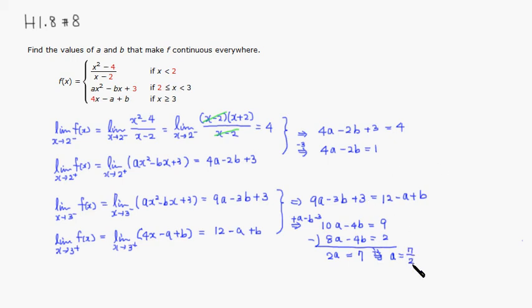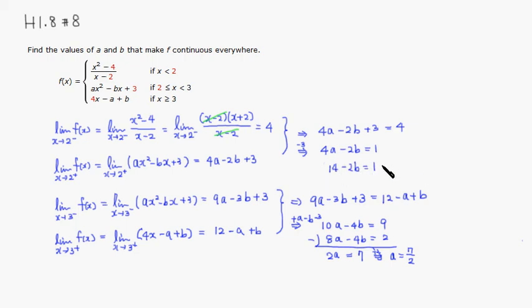Once you know that a is 7 halves, we can use the equation 4a minus 2b equals 1. So 4 times 7 halves would be 14, minus 2b equals 1.